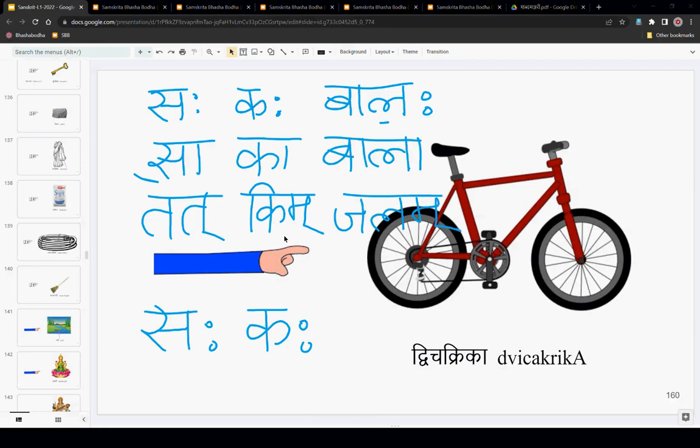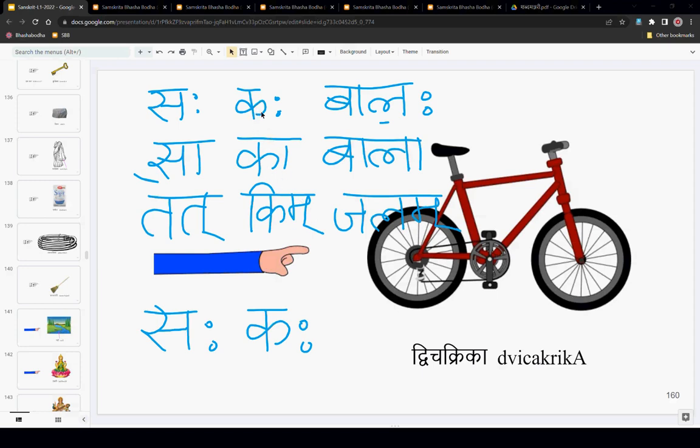Kim is Napunsakalinga. Tat Kim Jalam. We can also say Tat kim asti, tat jalam asti. So this kim, we are using it as Napunsakalingam.